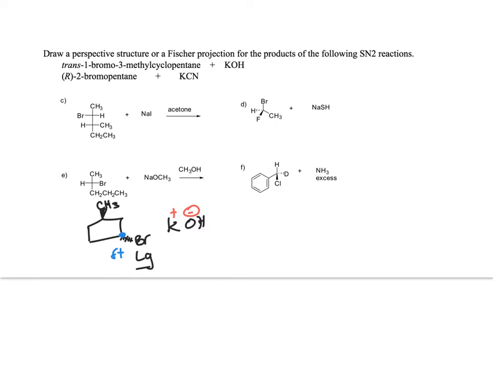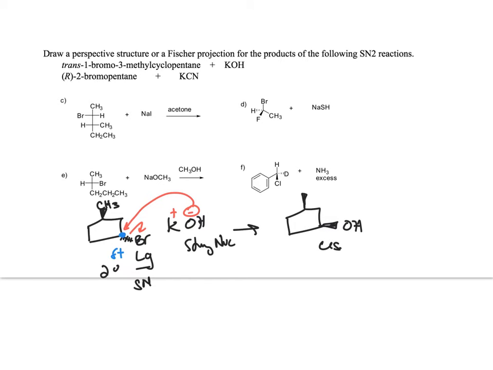This is a secondary, this is SN2, this is a strong nucleophile. Those electrons will come here and do an SN2 displacement. The important thing here is that you have inversion of stereochemistry. So this methyl didn't change, but now your OH has to come at you. So this will be cis. So you have to have opposite inversion.